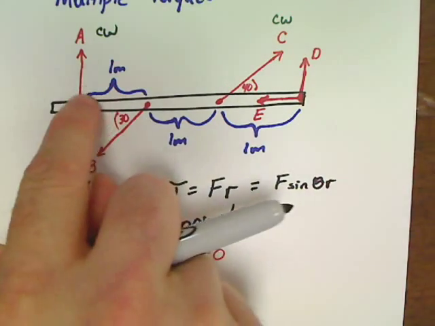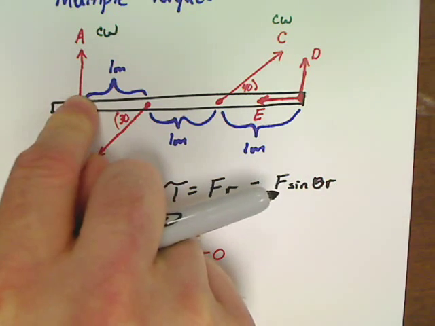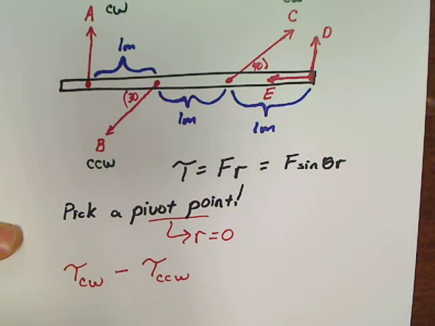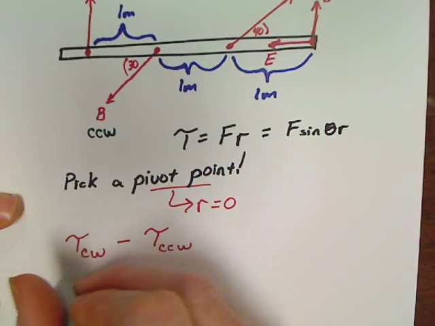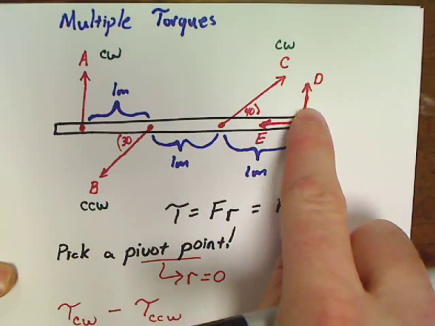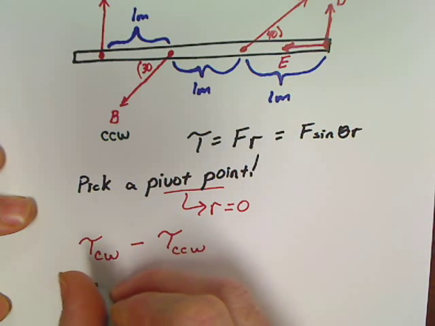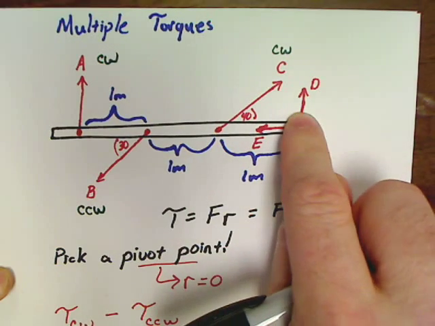So I've got a force A, there's no angle, so the equation for it would be nothing but, let's see if I can get this in here, A times the radius. How far is A from the pivot point? Well, there's 1, there's 2, 3. So it'd be A times 3. There's my pivot point.